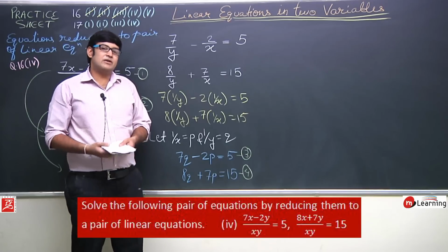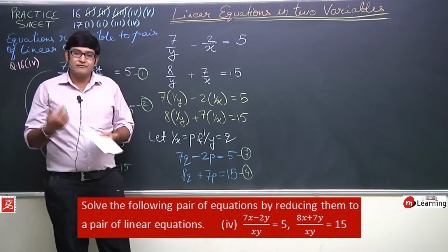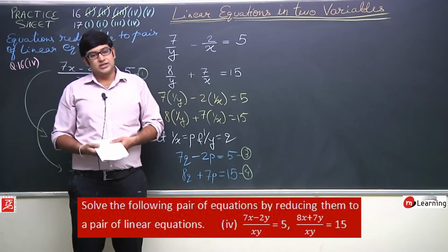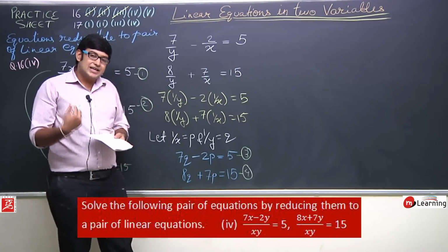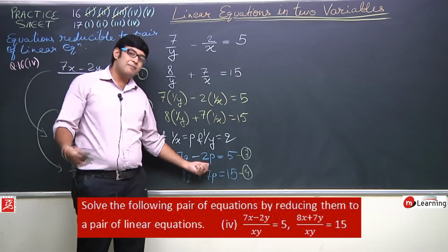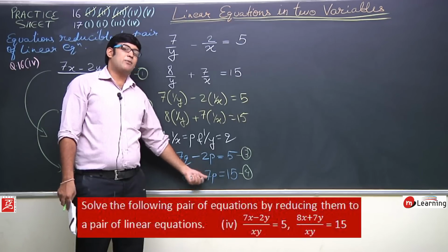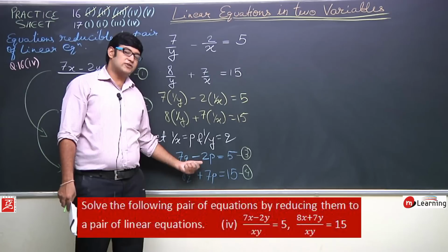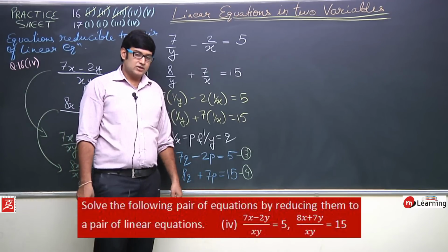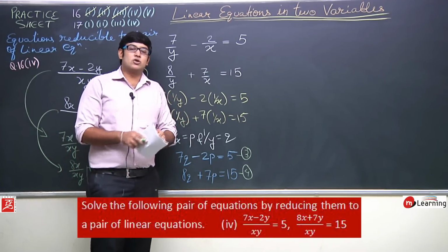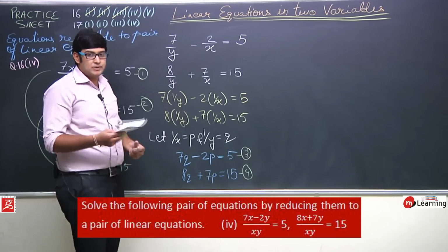If you are comfortable with cross multiplication, substitution method or graphical method, you can use any method. Let us eliminate p. Why p? Because the coefficients of p are of opposite signs. Here the coefficient of p is negative, here it is positive. So if I make the coefficients equal and add the equations, then I can easily eliminate p.